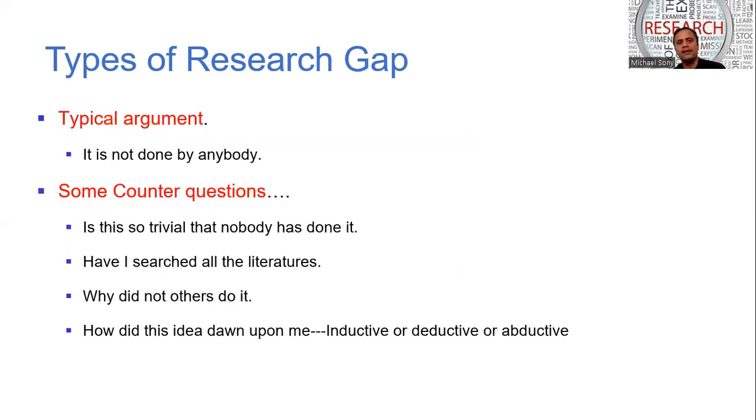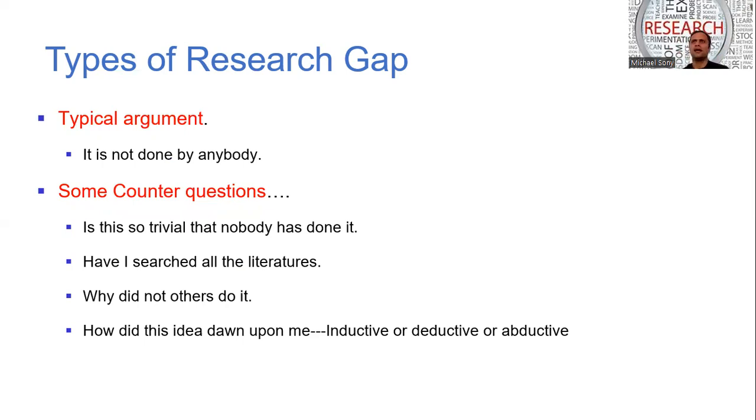So while reading a research paper, we sometimes come to an argument that our research problem is not done by anybody. Then we need to always ask a counter question. Is it so trivial that nobody has done it? Have I searched all the literature?